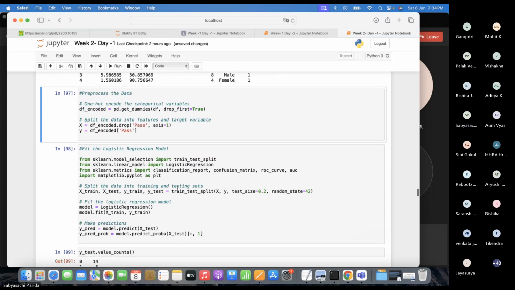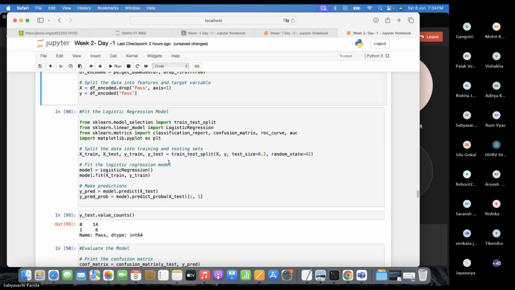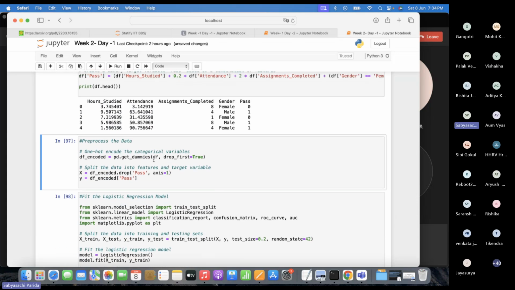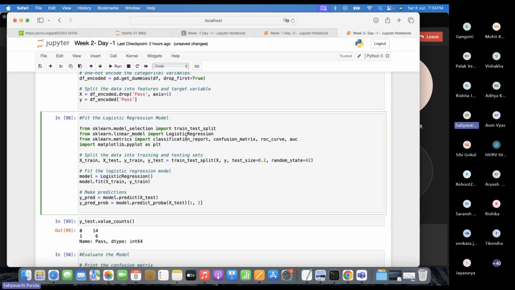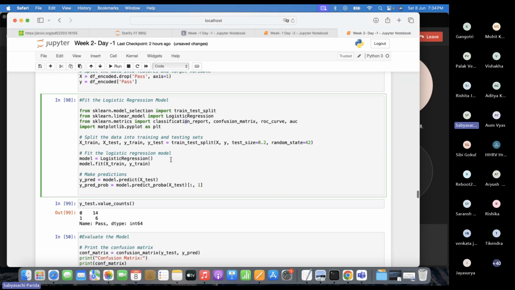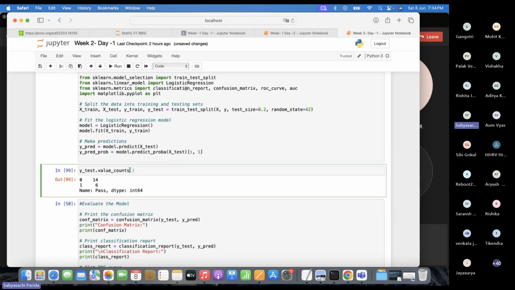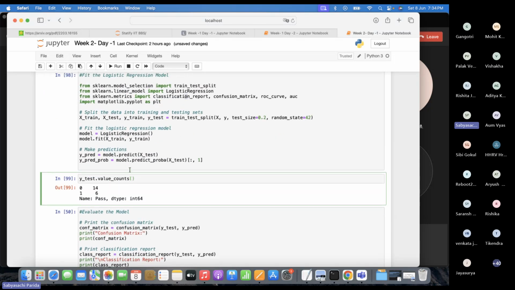Yeah. So I have created those dummy variables, fitted, and made the train test split. In my training, 80 samples were in my training, right? And 20 samples were in my testing. Let me give you the overview from the training also.